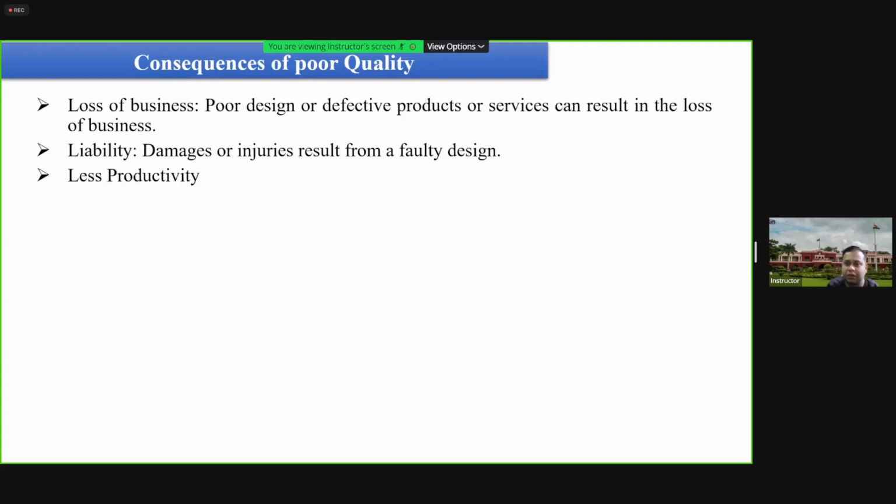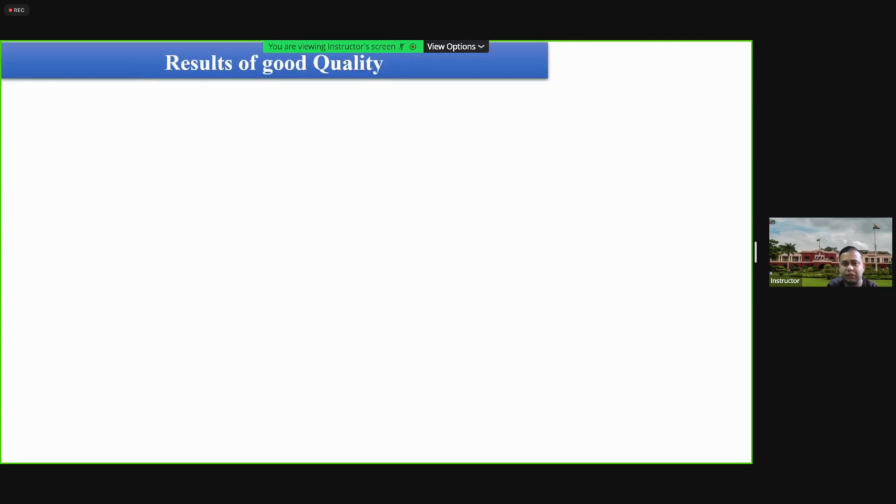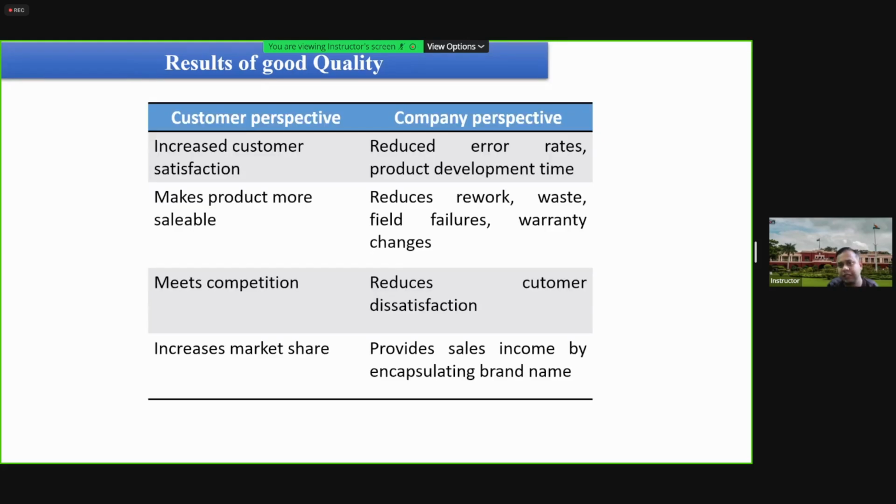That too is not taken very seriously in developing countries, but this matters a lot in developed countries. And the results of good quality are obviously the opposite: more customer satisfaction, more sales, more profits. We are able to meet competition and increase market share. Those are the benefits of good quality that we want to achieve.